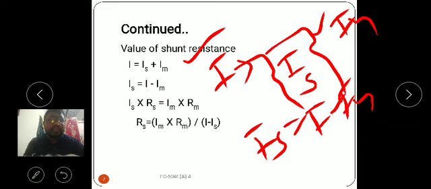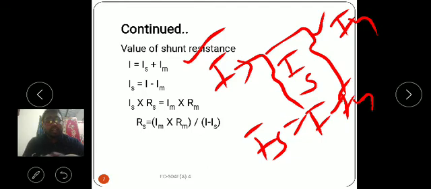Then substitute the values with respect to the resistors. IS into RS is equal to IM into RM, because the voltage across both is the same: the shunt current into the shunt resistance, and the meter current into the meter internal resistance RM.